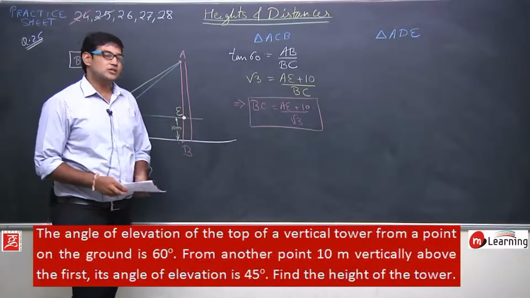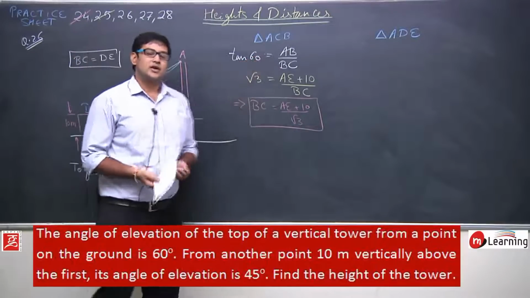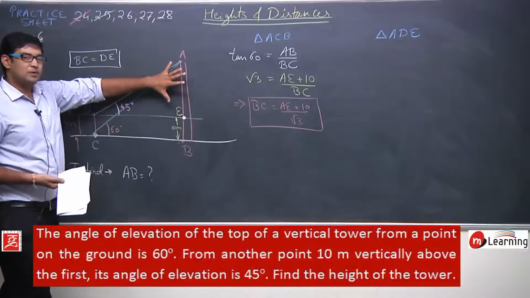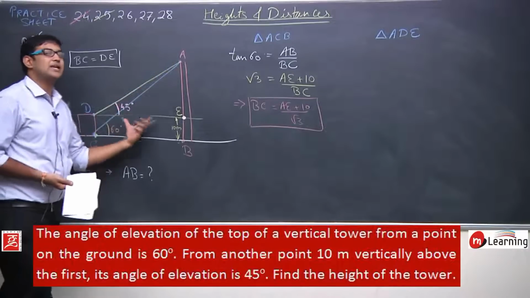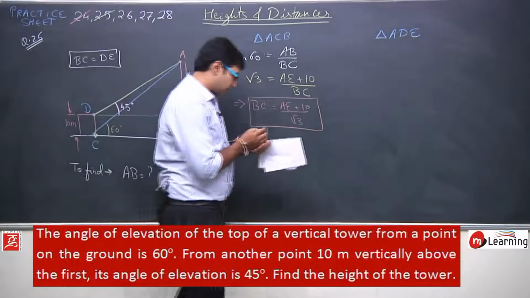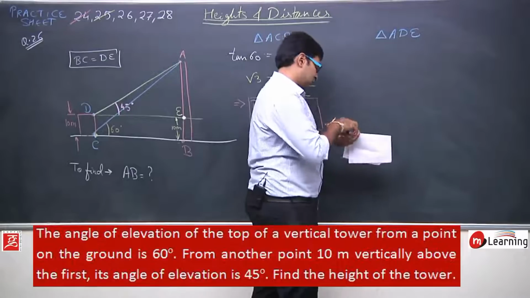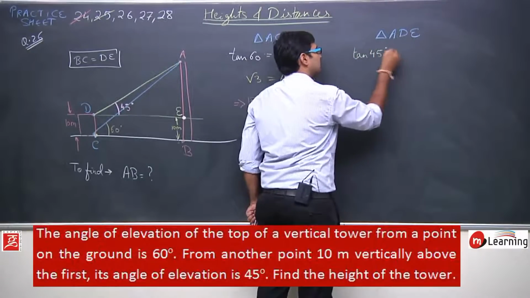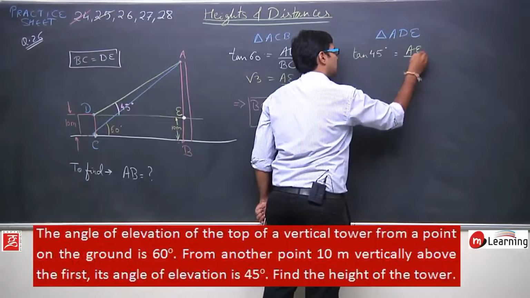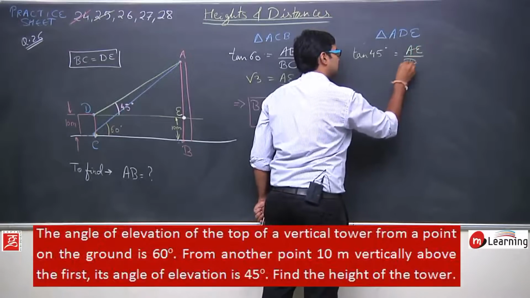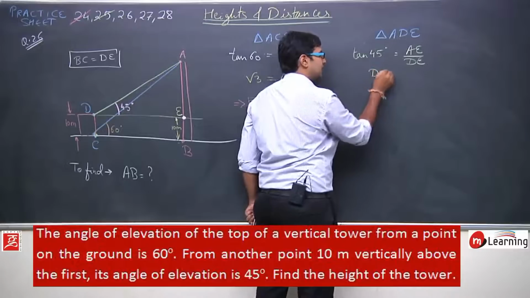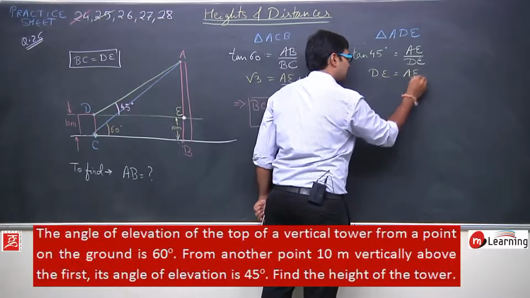Now further observe triangle ADE. In triangle ADE, with this 45 degree angle, this AE is the perpendicular and this DE is the base. That's why here also I can write tan of angle 45 degrees equals AE upon the base DE. So tan 45 is 1, so I will get DE equals AE directly.